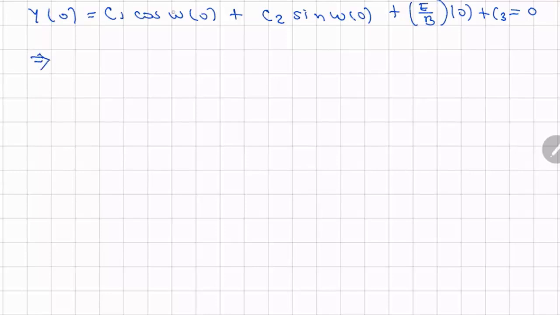Cosine of 0 is equal to 1, sine of 0 is equal to 0. This term is 0 because it's multiplying 0. So we get c1 multiplying 1 is c1, plus c3, and this is equal to 0. So we get that c3 is equal to minus c1.